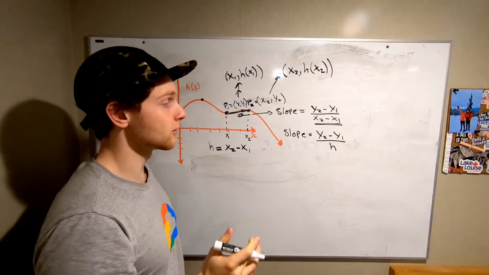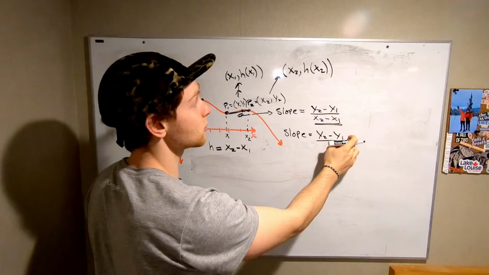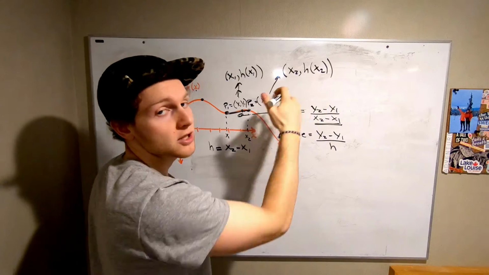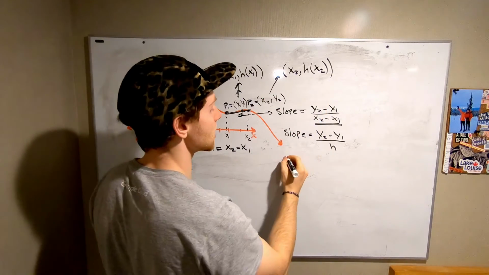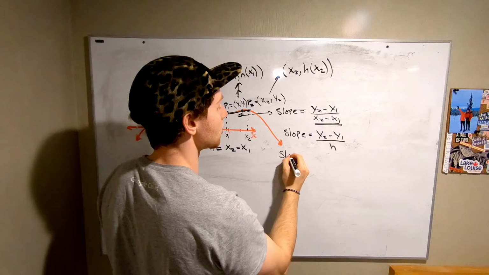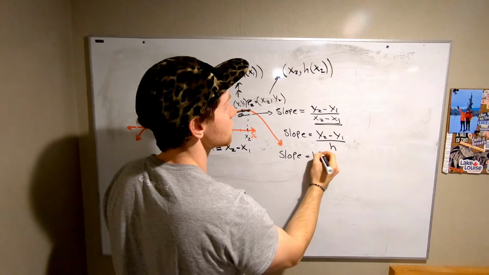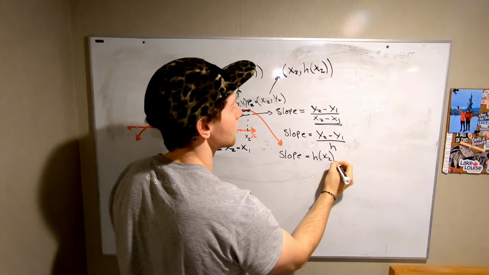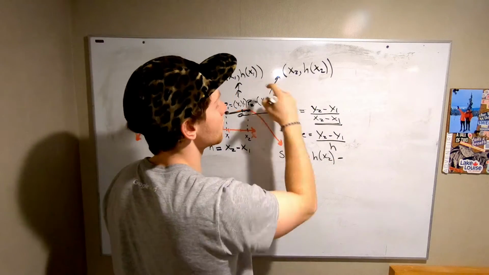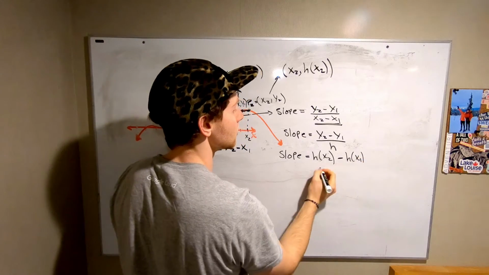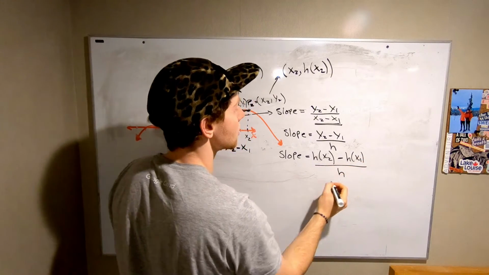Now what we're going to do is we're going to replace our y2 and y1 with these different representations, just a different way of writing it. Simple notation. So now our new slope is equal to y2, which is h of x2, minus y1, which is h of x1, all over h.